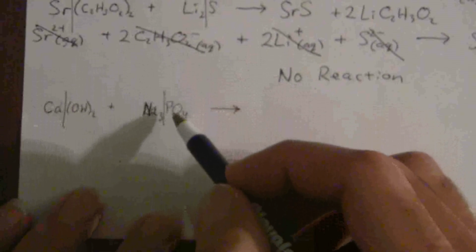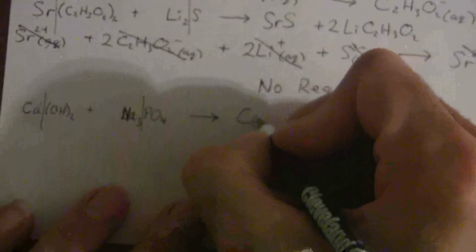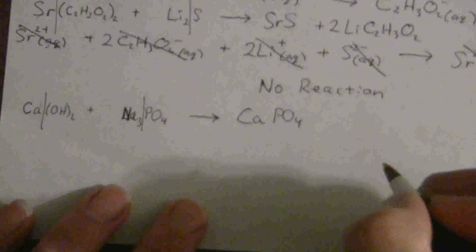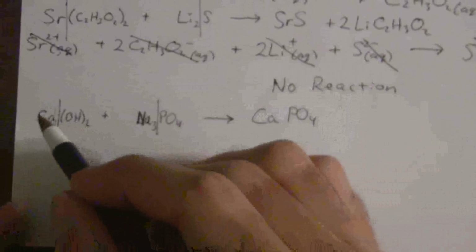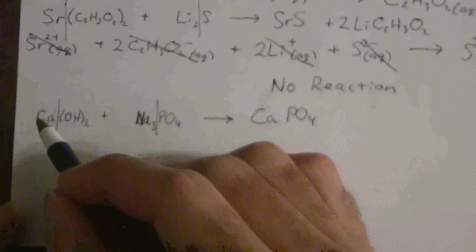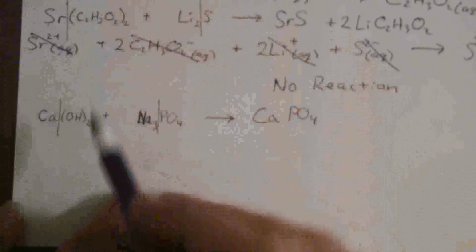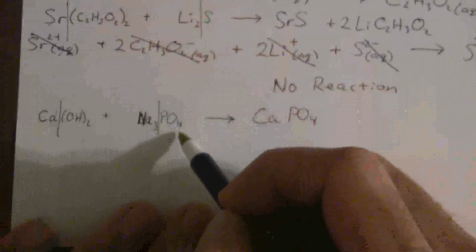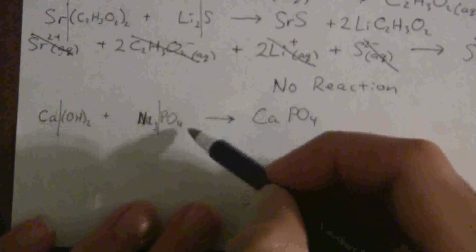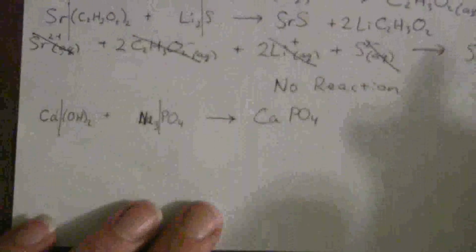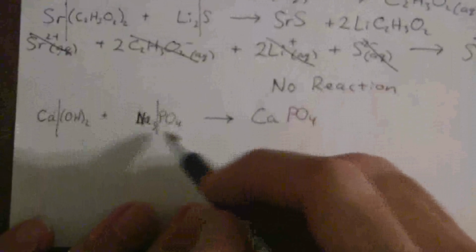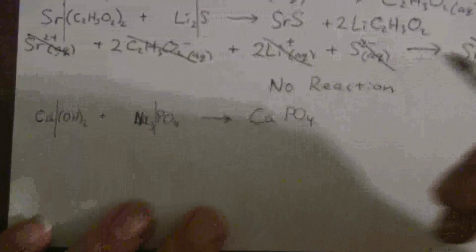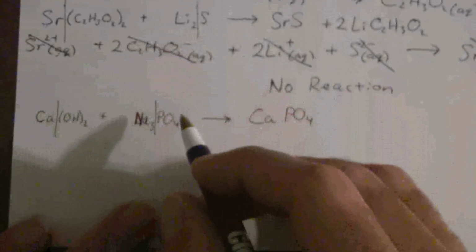Calcium will join with phosphate, and again, avoid the temptation to just write CaPO4, because what's the charge of calcium? +2. It's in the alkaline earth metals, the second column to the right of the noble gases, if you will. And then phosphate, you know, is a -3. So +2, -3.